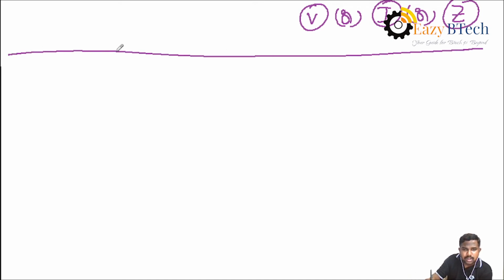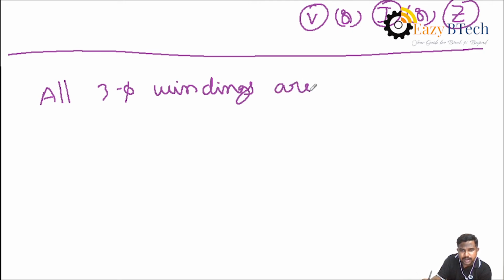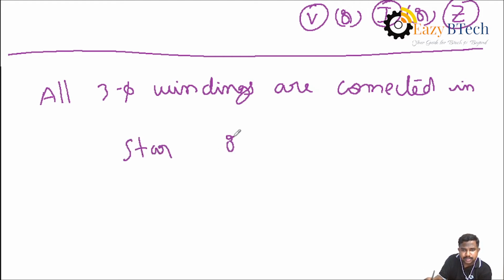After that, all three phase windings are connected in two forms: either star connection or delta connection.